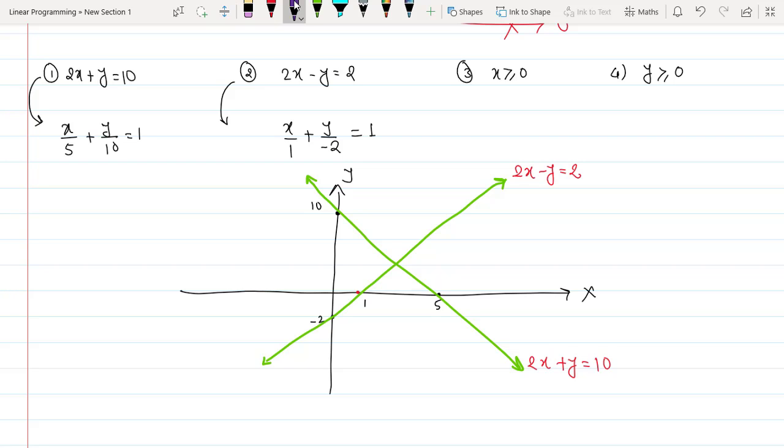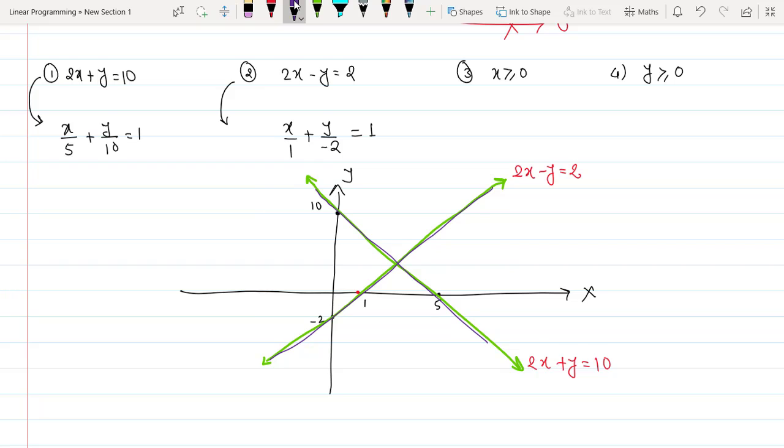For the second, as we don't have any less than or greater than, the solution set is the line itself. Let me draw. This is the line itself. For the second also, the line itself.